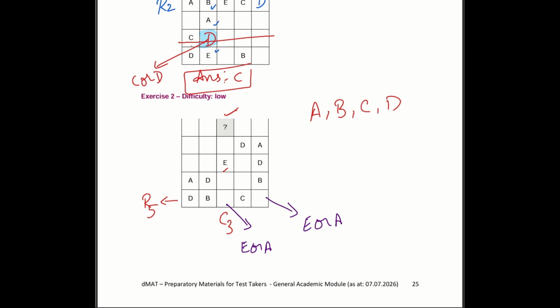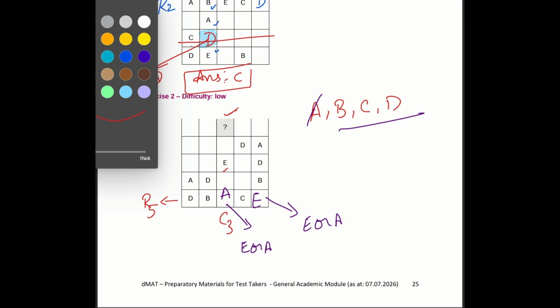But in this column, A is already present, so we can't take A again. So we are going to take E here, and obviously this would be A. Now the possible choices for this column, A is removed, so B, C, D are left. So the answer for the question mark should be either B, C or D.